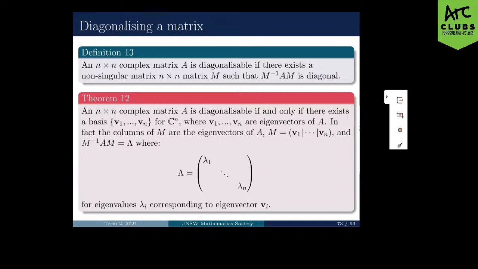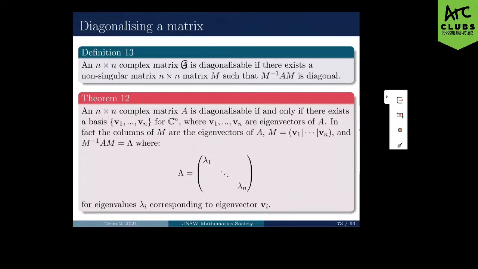So now we're going to revise diagonalizing matrices. Just to define what a diagonalizable matrix is: some matrix A is diagonalizable if there exists a matrix M such that the inverse of M times A times M is a diagonal matrix. The definition itself is kind of vague. It doesn't give us a practical way of finding such a matrix M, but luckily we've done that quite a bit already.